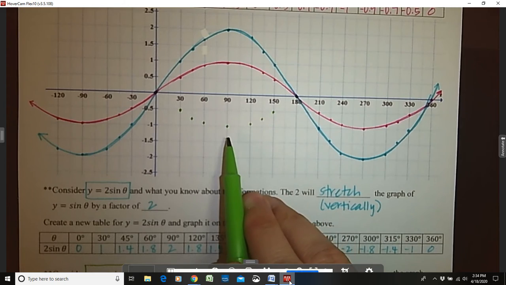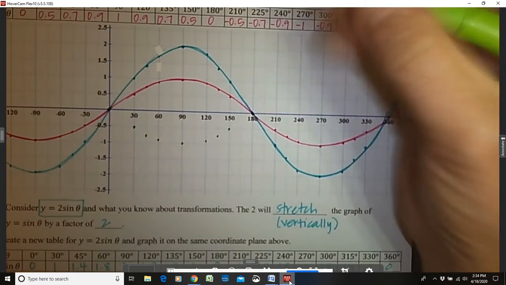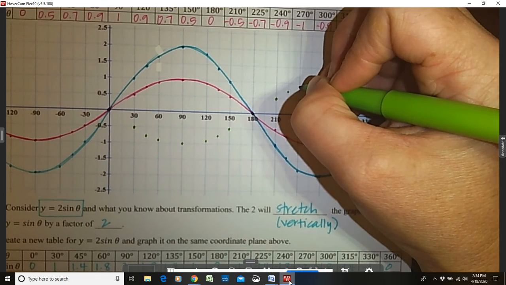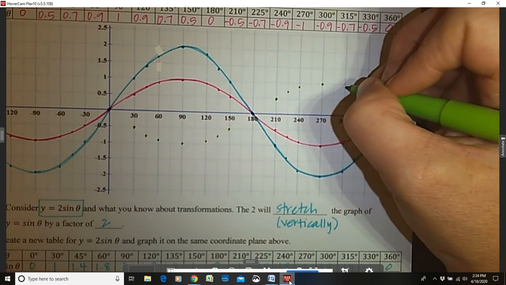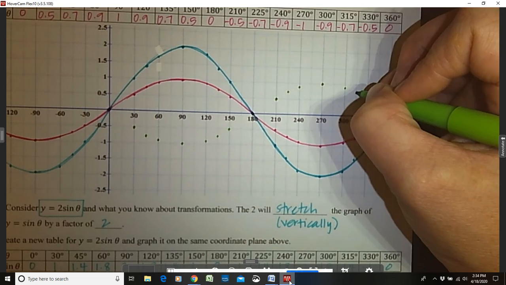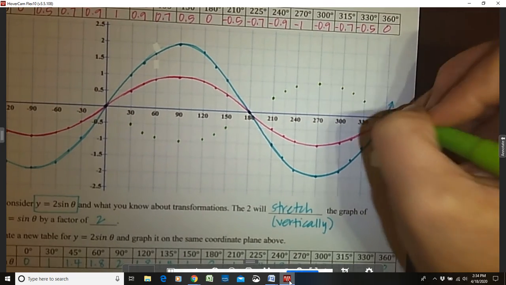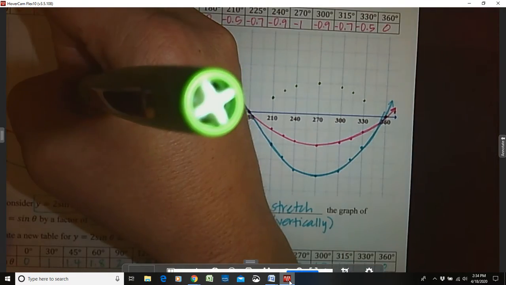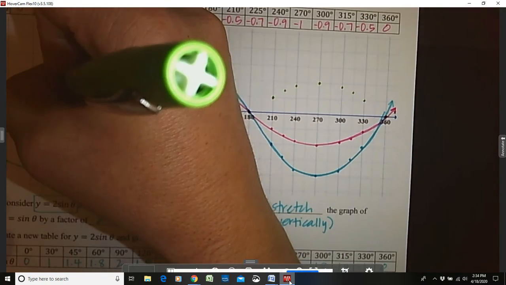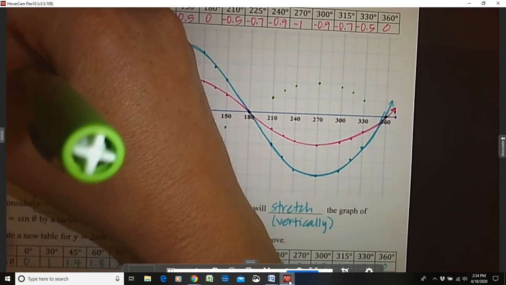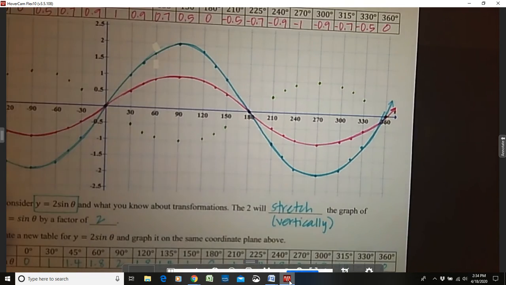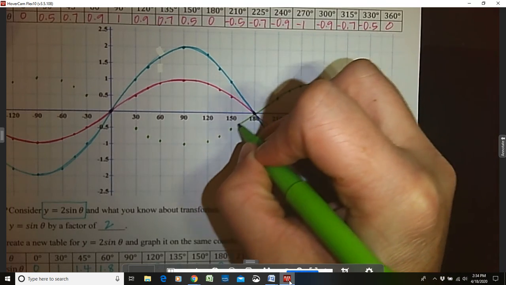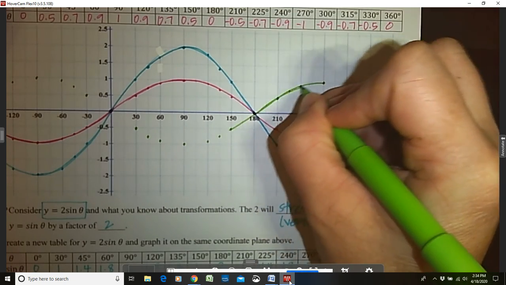It's just reflected down here across that x-axis. And I can fill it in back here and draw that in. Maybe I can do it without changing my paper for you guys.